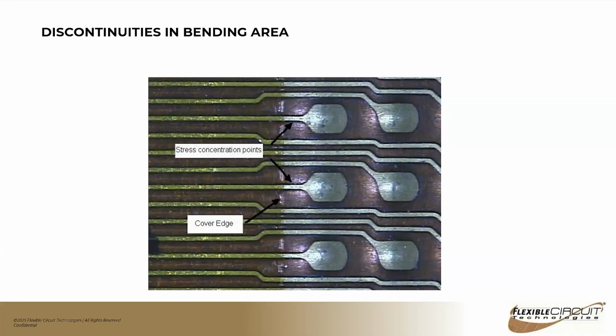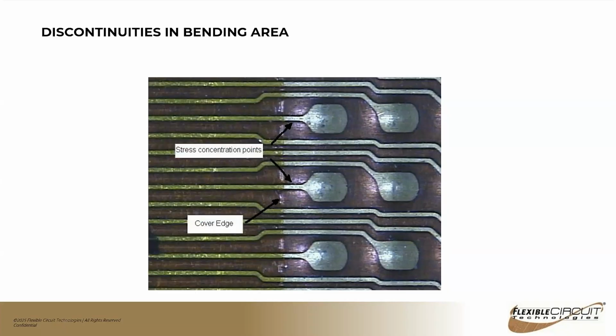So we talked a little bit about plating. In this surface finish here, you can see where the coverlay actually meets the surface finish. Surface finishes like electroless nickel immersion gold, or ENIG, are not ductile. The phosphorus content in the nickel makes a very nice solderable finish, but you want to not form anywhere near any transitions like this.